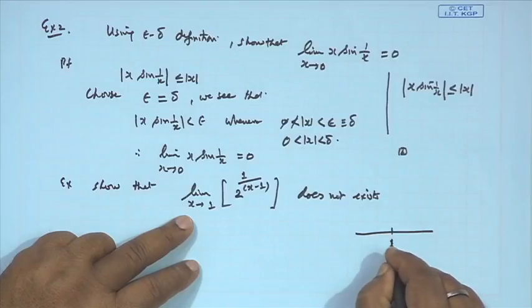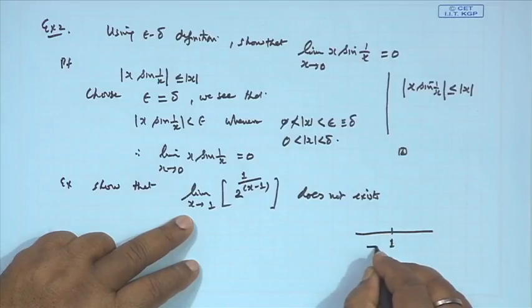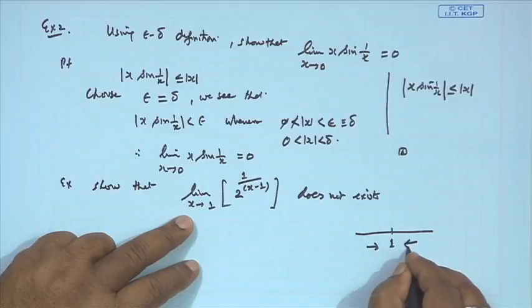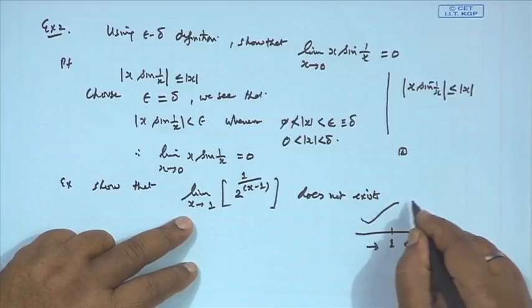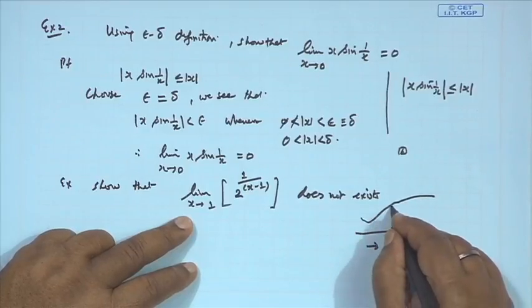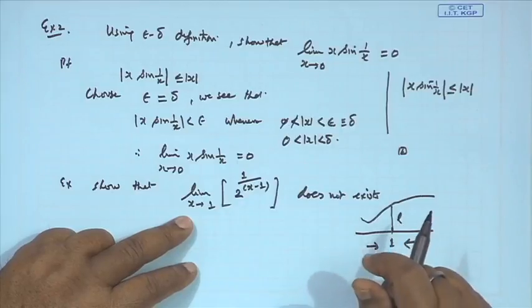It means that when you approach the number 1 either from the left hand side or from the right hand side, if the function has the same value L, then we say the limit exists.